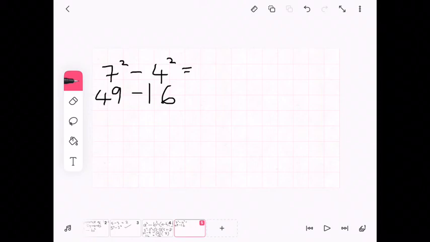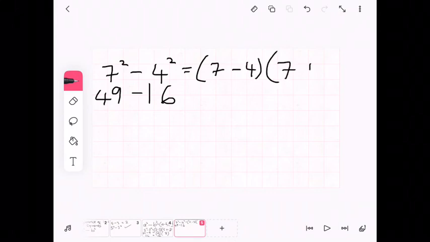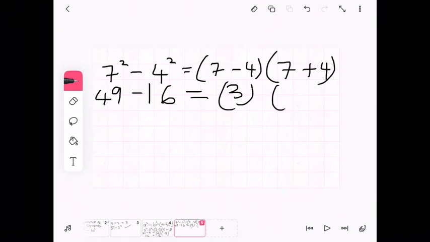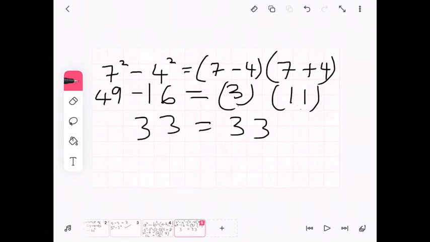So applying the principles of difference of two squares, we will have 7 minus 4 and a new bracket 7 plus 4. 7 minus 4 gives us 3, and 7 plus 4 will give us 11. 3 times 11 will give us 33. This should also give us 33. So indeed, difference of two squares also works.